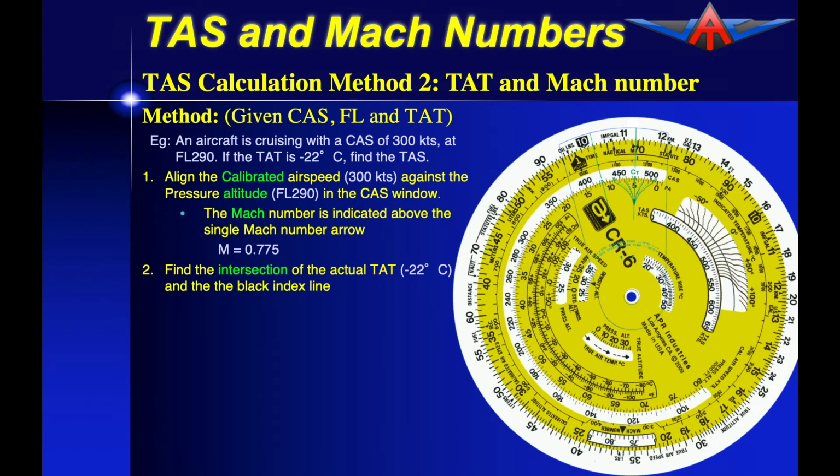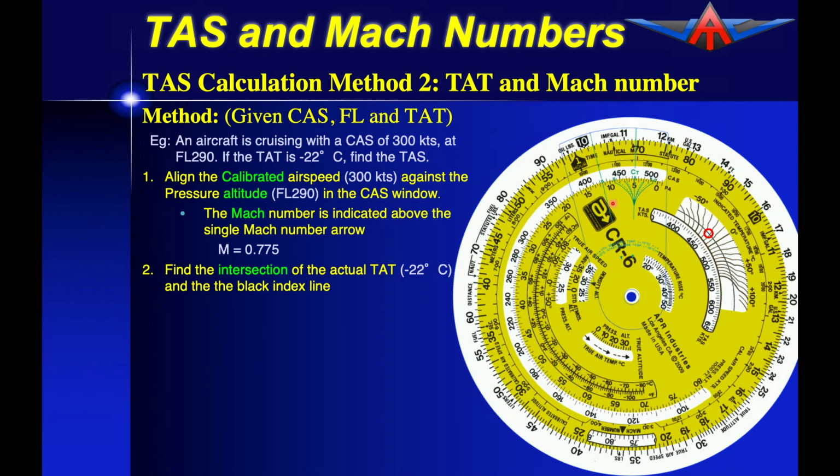Now that the navigation computer is set up, we now need to get to the intersection of the actual TAT of -22 where it intersects with this black line. So we're looking for -22, which is going to be in between these two curved lines and where it intersects on that reference line. So there it is there.